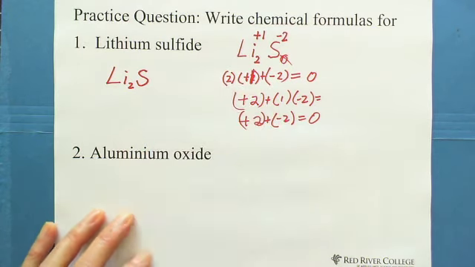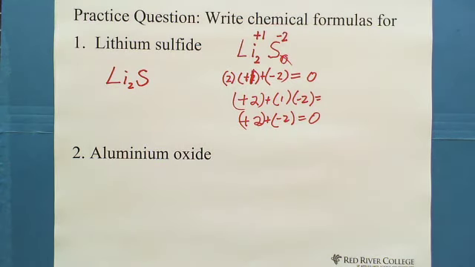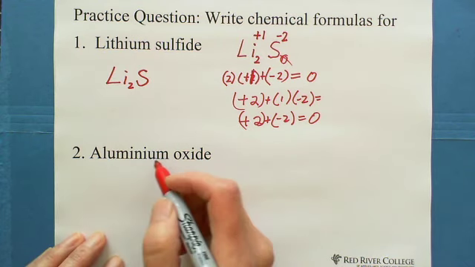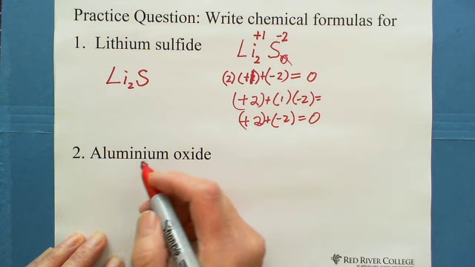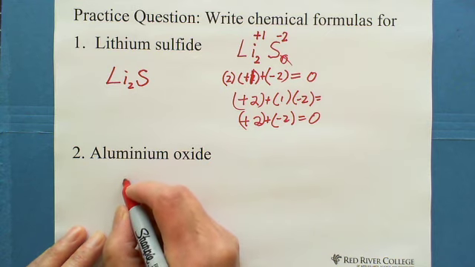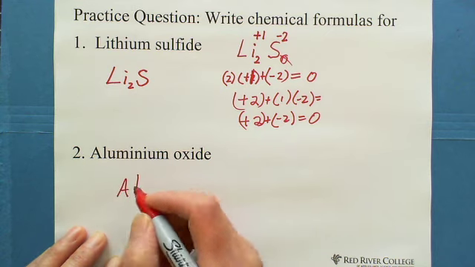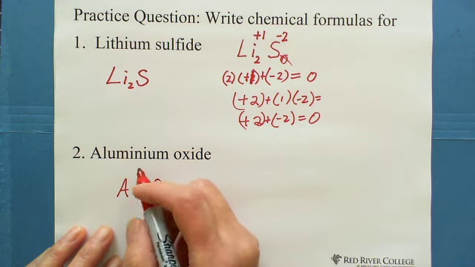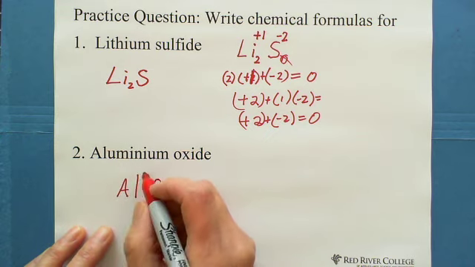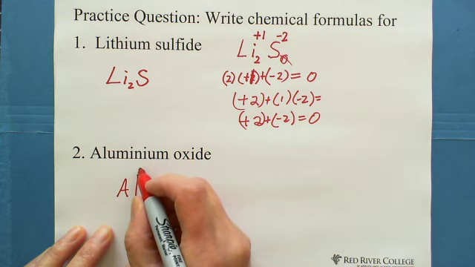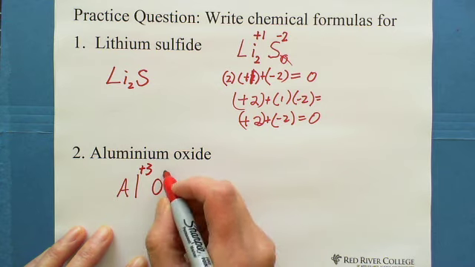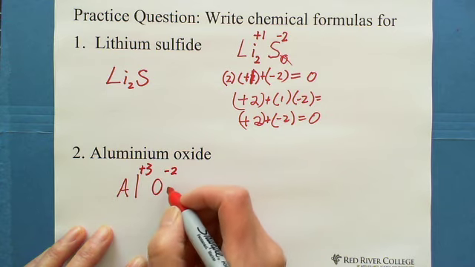Lithium sulfide. The next is aluminum oxide. Aluminum is metal, oxygen is non-metal. So aluminum is Al and oxygen is O. And labeled charges, aluminum is 3 positive, oxygen is 2 negative for each ion.